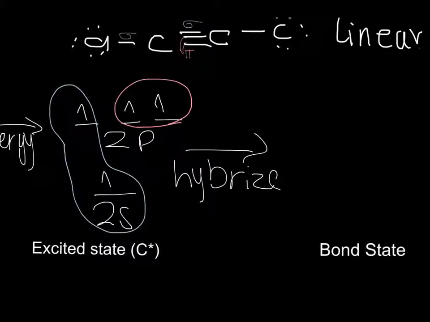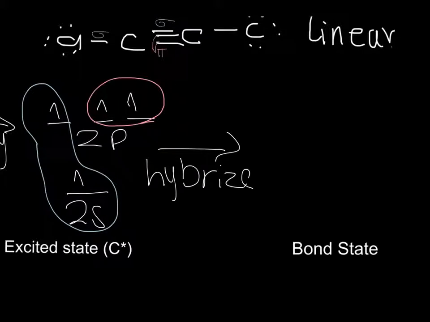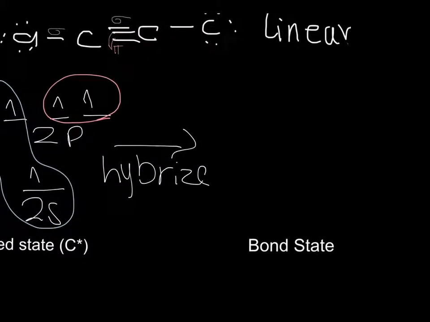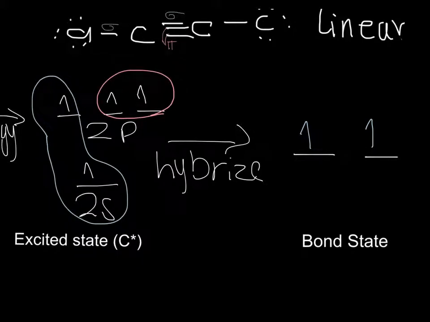Now, when we hybridize these 2, we're going to put them at a level that is between 2p and 2s, meaning that it's going to end up being somewhere in the middle right here, and that it's going to be 2 lone electrons that are ready to be bonded. And as we said, we have 2 right here that are ready to be bonded as pi bonds.